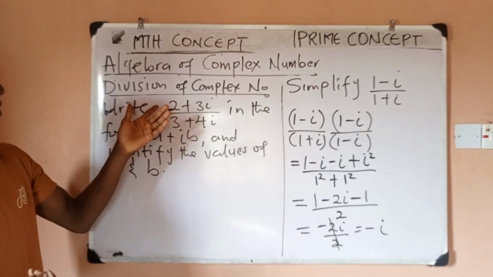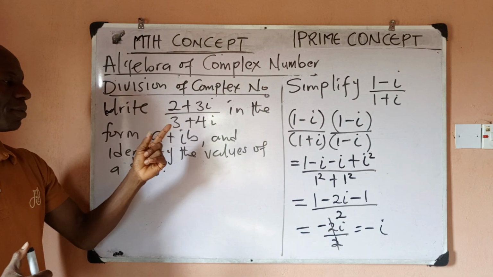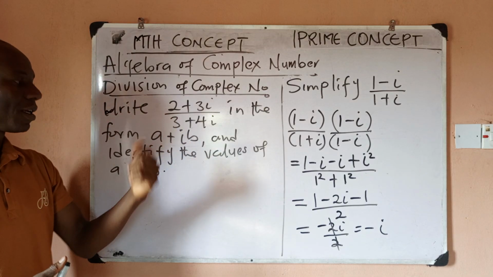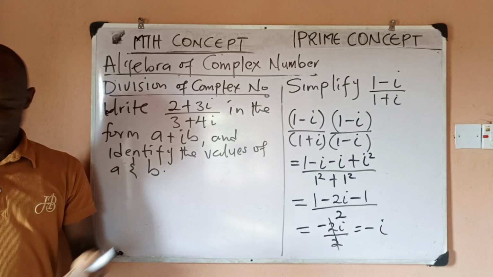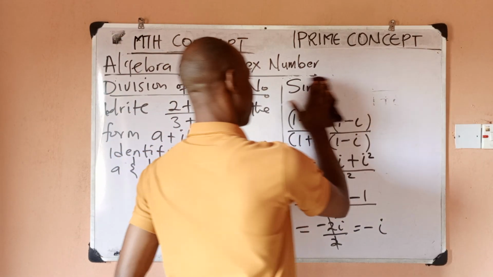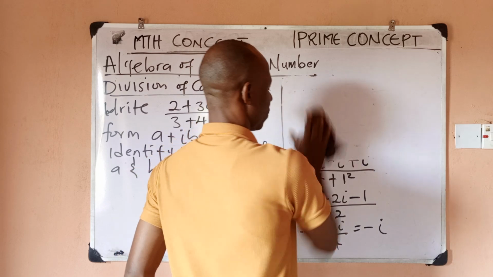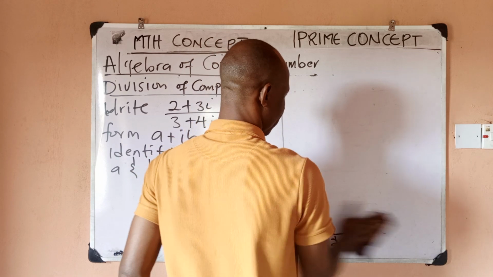So we want to write this complex number in standard form, a plus ib. Then we want to identify the values of a and b. So this still means division. So we want to see how to also tackle this problem.